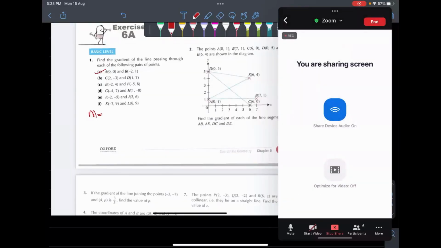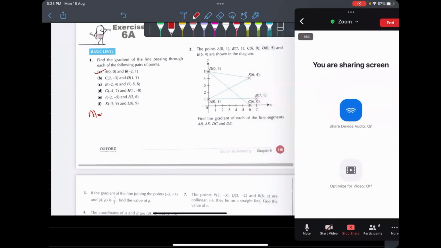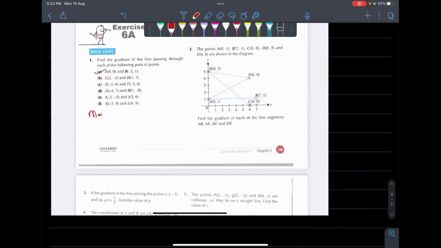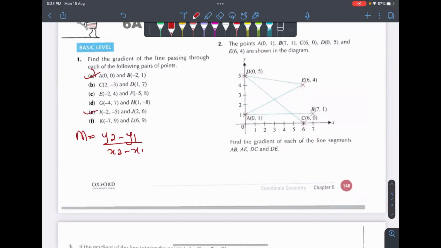Let's do a participant. So the formula is y2 minus y1 upon x2 minus x1, and we've gone over this. I'll do not part A but rather part E. We have to choose the coordinates, because if I'm calling this x1, this will be y1, calling this x2, this will be y2.